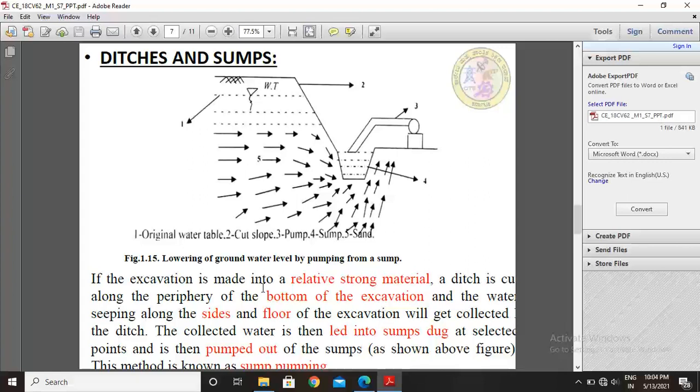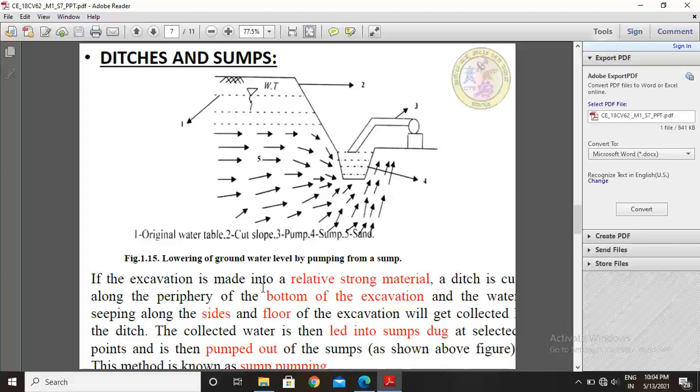Also, interceptor ditches are used for excavation of limited depths made in a coarse soil. These ditches are constructed around the area to be dewatered. The ditches must penetrate deeper than the level of the work area.